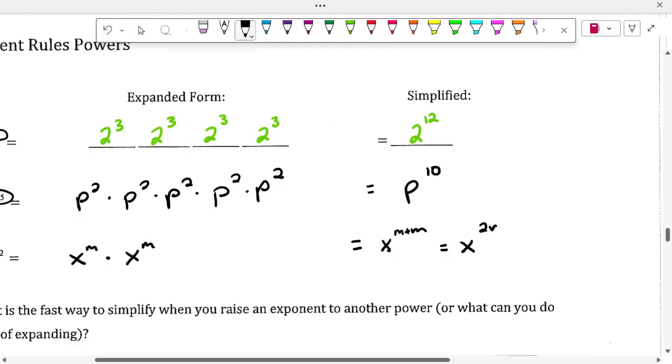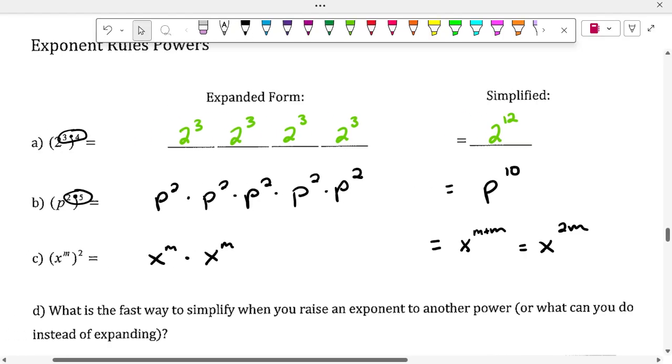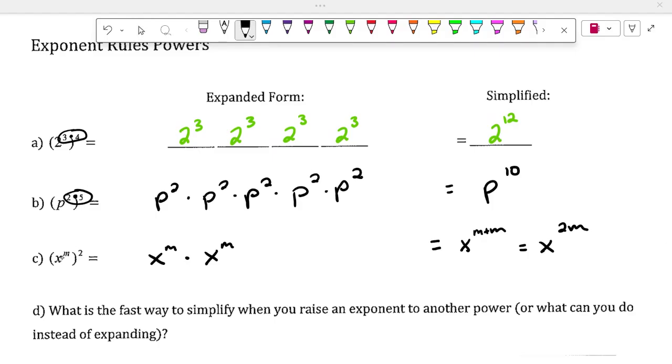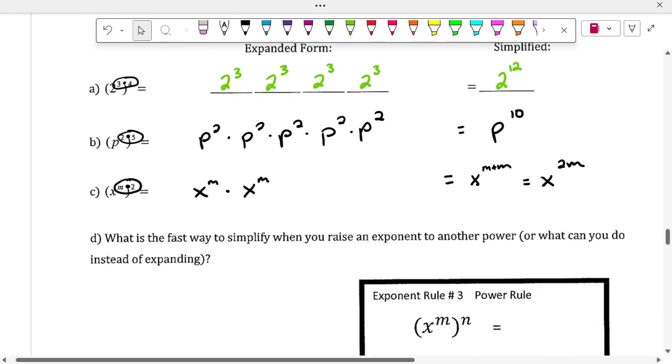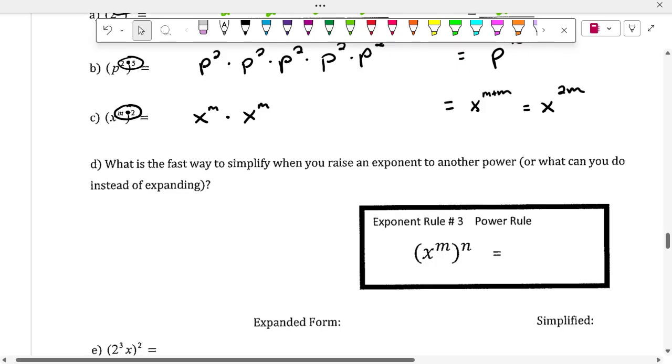So x to the 2m. Typically, you put coefficients first. That's just kind of standard. And isn't it true that if you multiply 2 times m, you get 2m? Yeah. So the fastest way is to multiply the exponents.